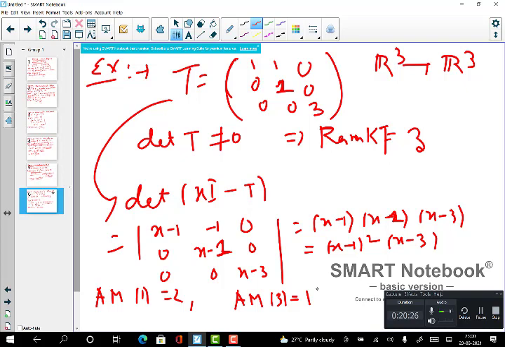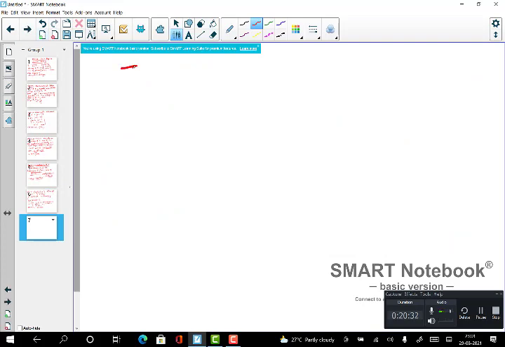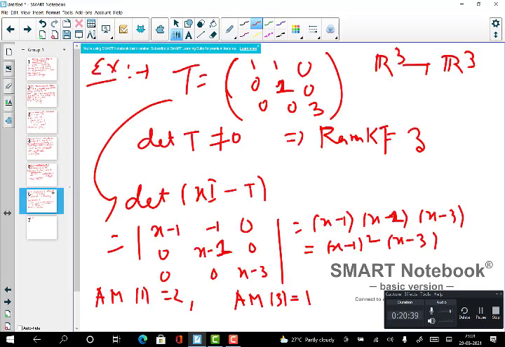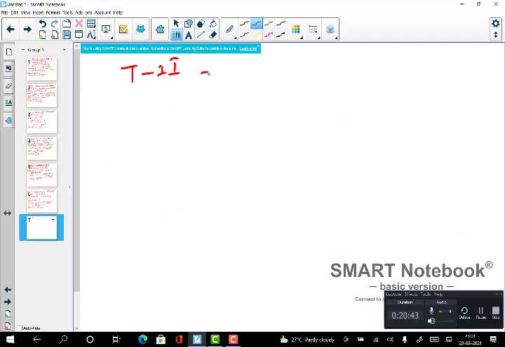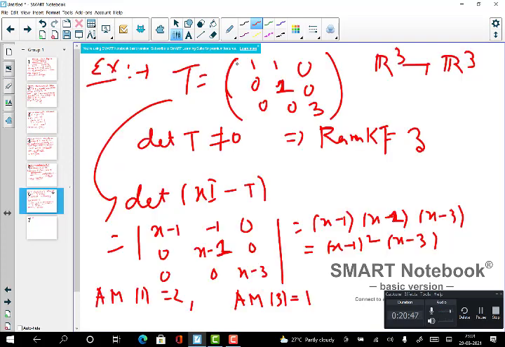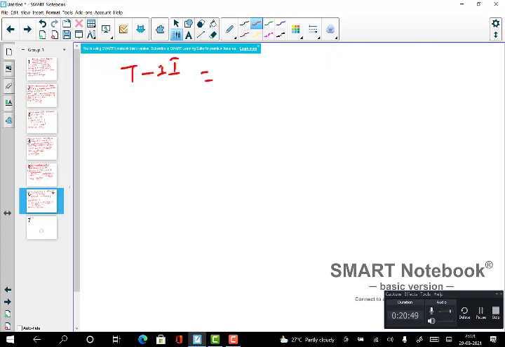And the geometric multiplicity you can also find out. For 1, what you need to do is find out what T minus cI looks like, with c equal to 1 here. T is the matrix 1 1 0, 0 1 0, 0 0 3.